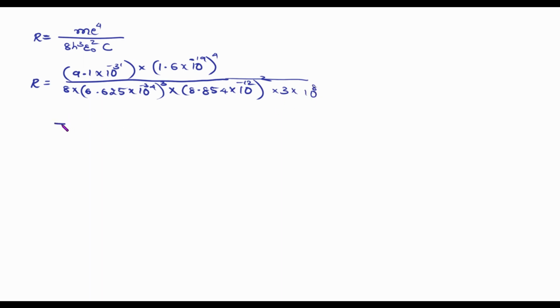If you solve this, you will get 1.096 into 10 to the power of 7 per meter. This is the value of the Rydberg constant.